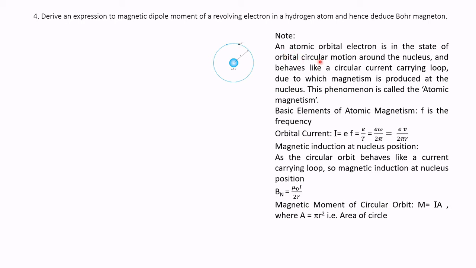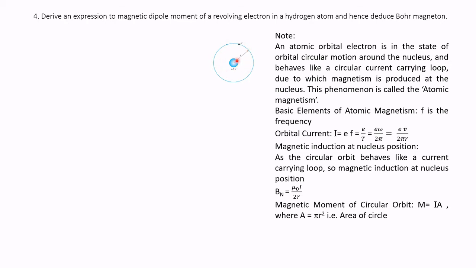An atomic orbital electron is in the state of orbital circular motion around the nucleus and behaves like a circular current carrying loop, due to which magnetism is produced at the nucleus. That is, this is the model of an electron.